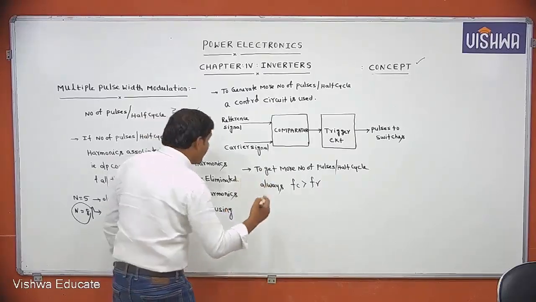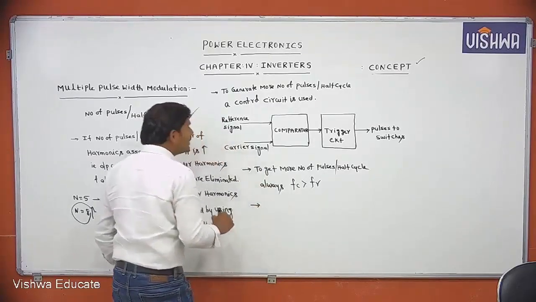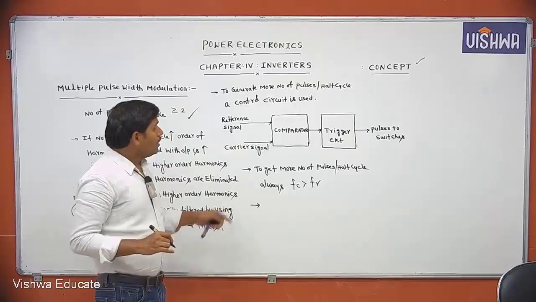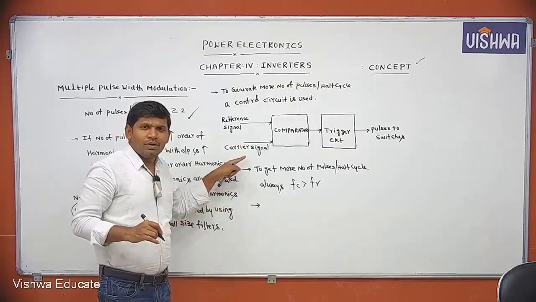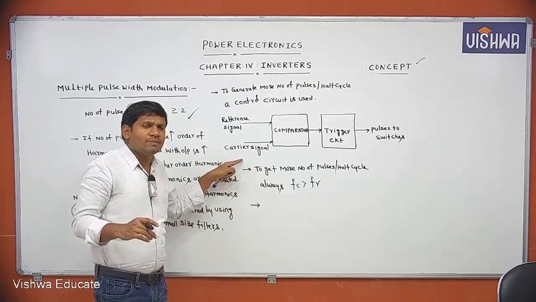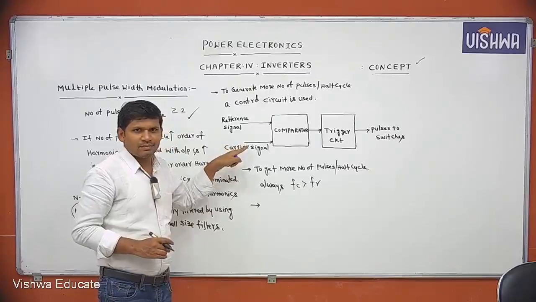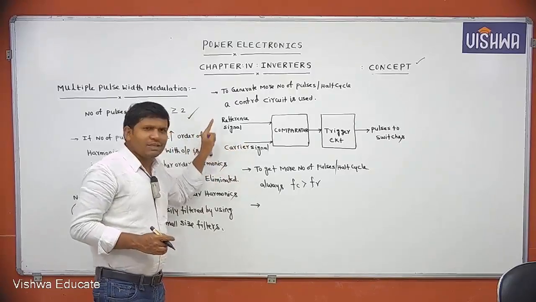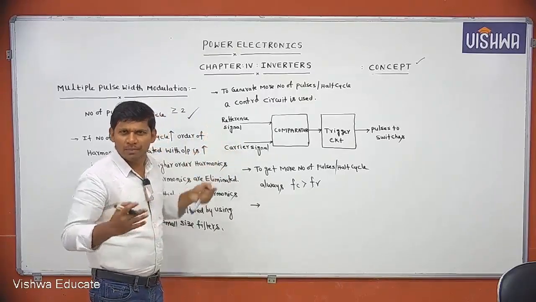To maintain carrier frequency greater than reference frequency, in general a triangular wave is taken as the carrier signal. But the reference signal depends on the type of PWM technique.